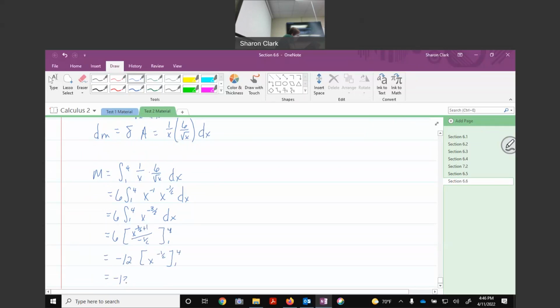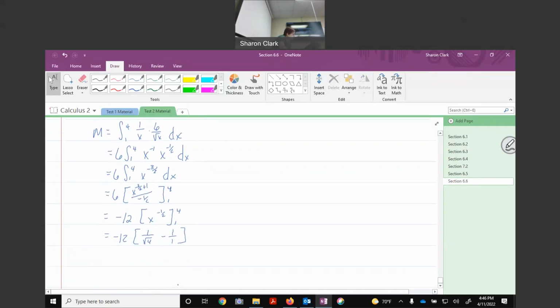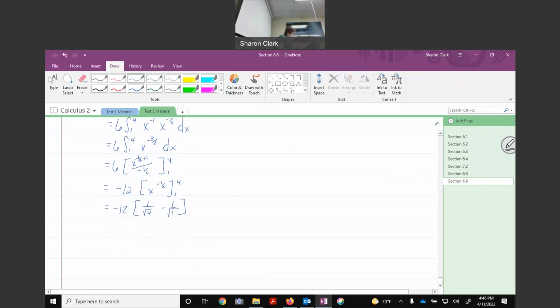That's negative 12 times 1 over the square root of 4 minus 1 over the square root of 1. That's negative 12 times 1/2 minus 1. That's negative 12 times negative 1/2, which is 6.